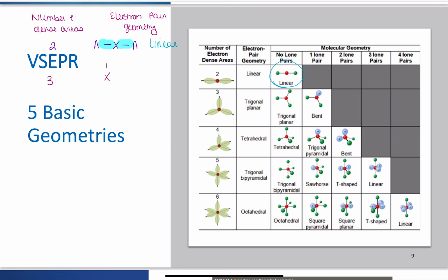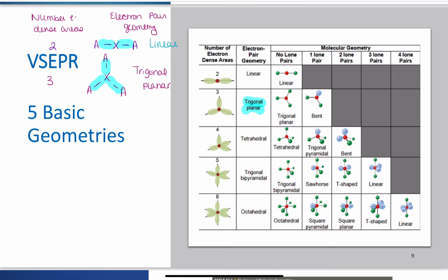It's like you have X in the center, bonded to A, bonded to A, bonded to A. 1, 2, 3 areas of electron density. This is called trigonal planar. Hence the name.